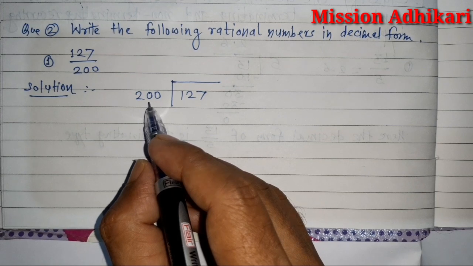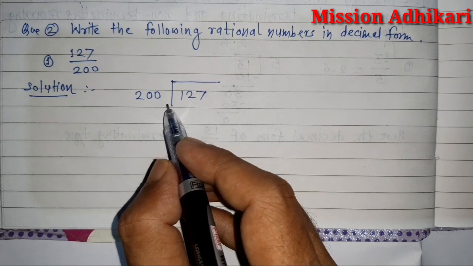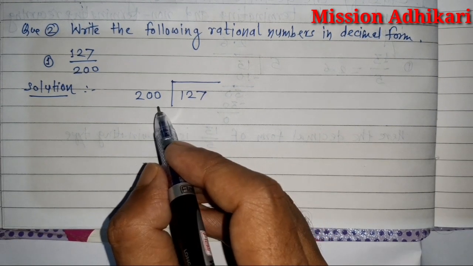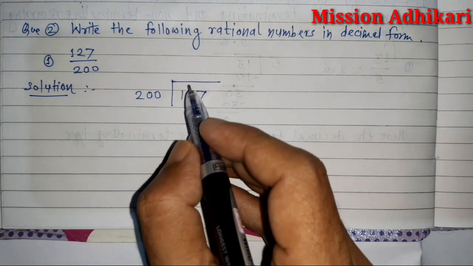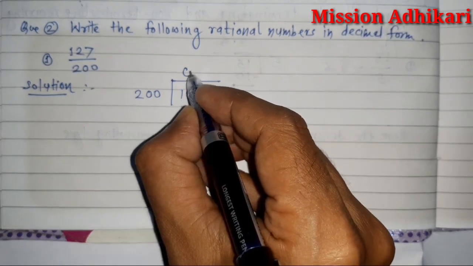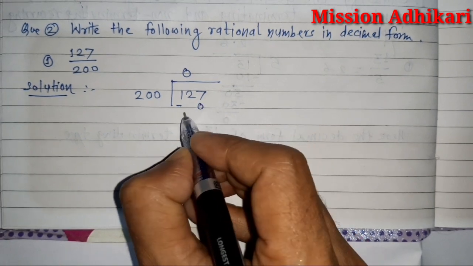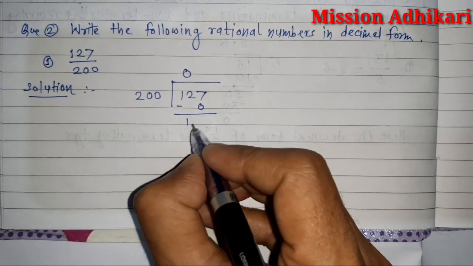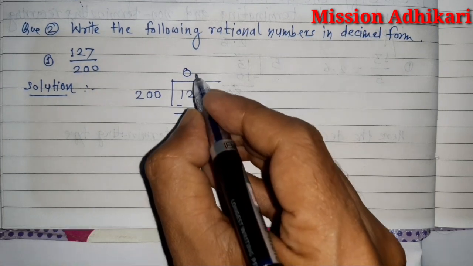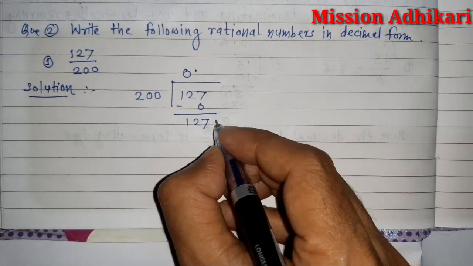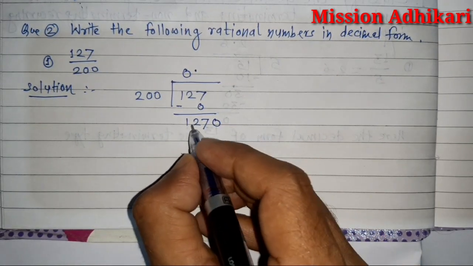When we divide 127 by 200, we take here 0. So it becomes 127. Now we take the decimal point, we put here 0, the number becomes 1270.